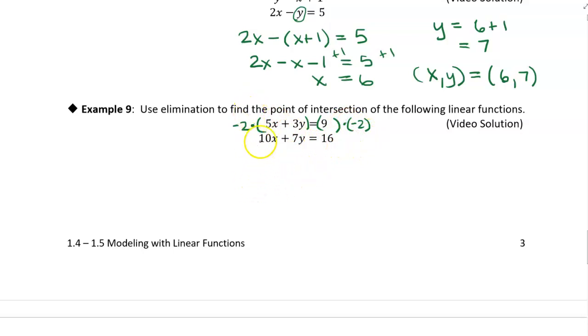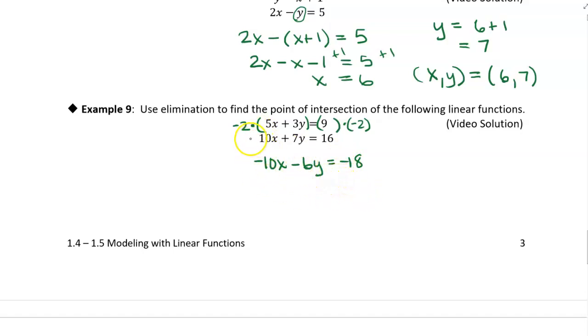So I'm going to distribute this -2 across both terms of the left-hand side, and I get minus 10x minus 6y equals minus 18. Now that's another true statement. All I did is I multiplied both sides by the same amount. So this is also true.